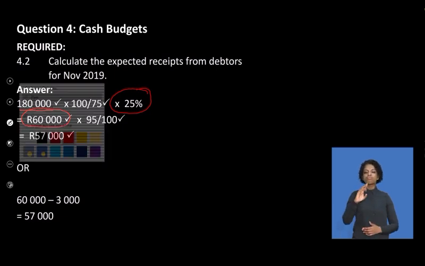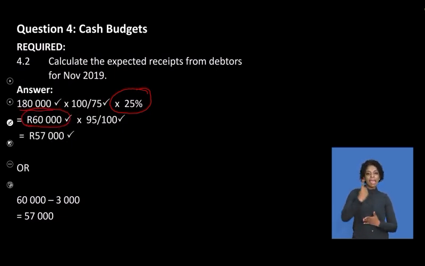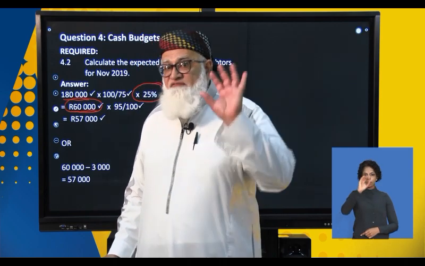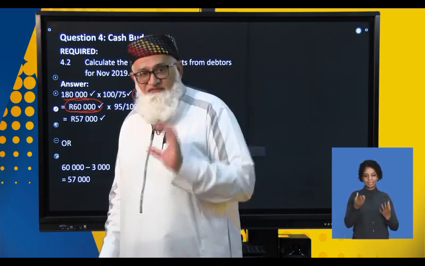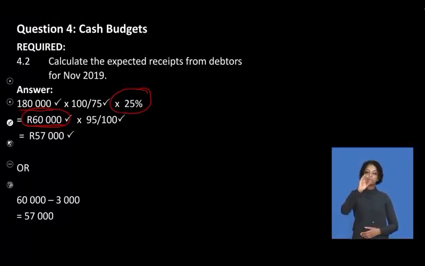Once you've identified it, you've got your credit sales to be the 60,000 times 95%. Why 95%? Because your debtors are entitled to a 5% discount. Therefore, take that figure times 95% and that will give you your 57,000.